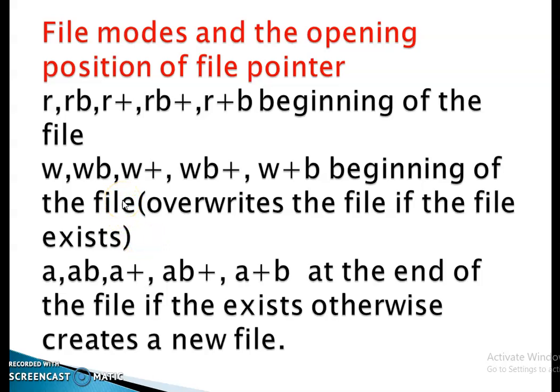So if the file exists, then it will overwrite the file, otherwise it will point to the beginning of the new file. Then a is for append: ab, a+, ab+ and a+b. This one points at the end of the file if the file exists, otherwise it creates a new file.